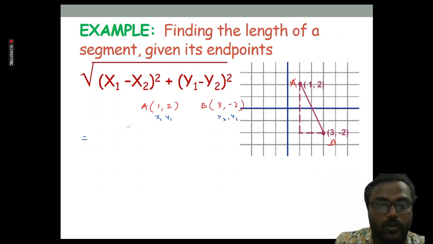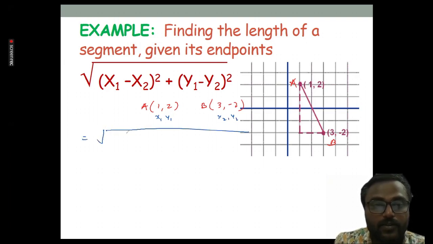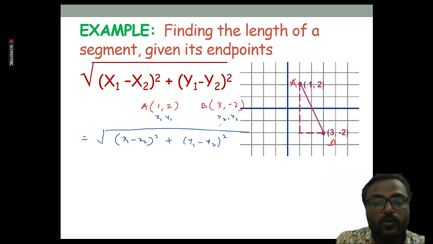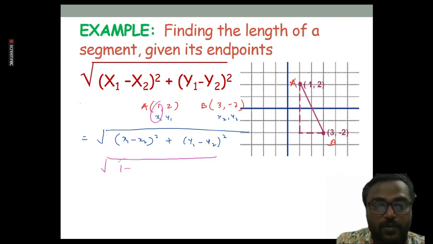As we know the formula, it's under root (x1 minus x2) whole square plus (y1 minus y2) whole square. Just plug the numbers into the formula now. x1 is 1, so under root 1 minus x2, which is 3, whole square, plus y1, which is 2, minus y2, which is negative 2.